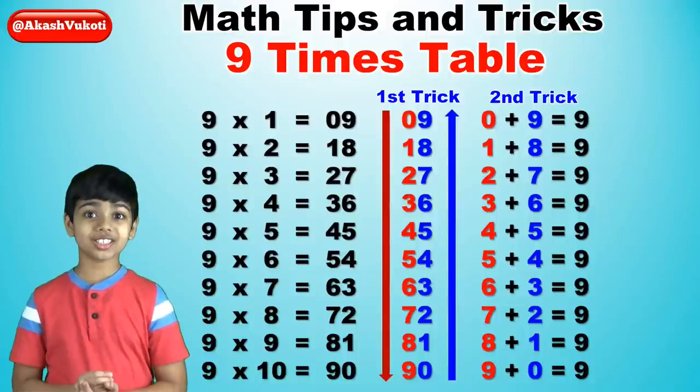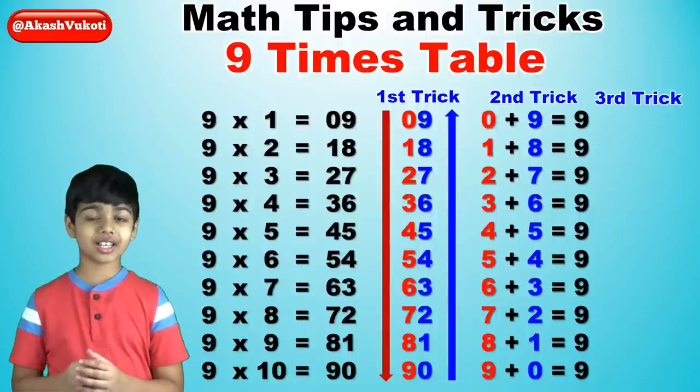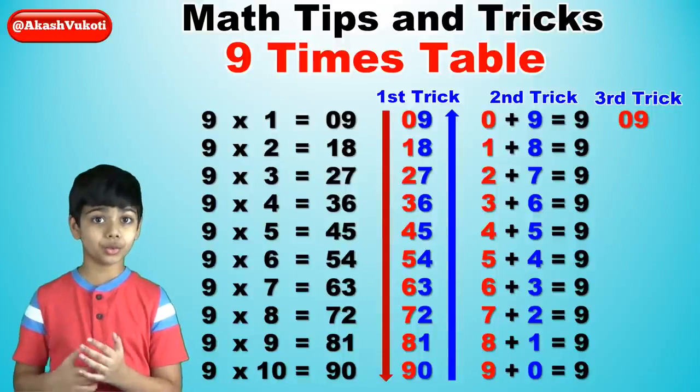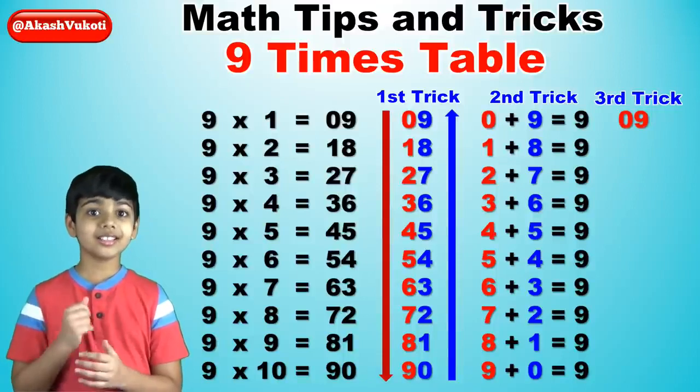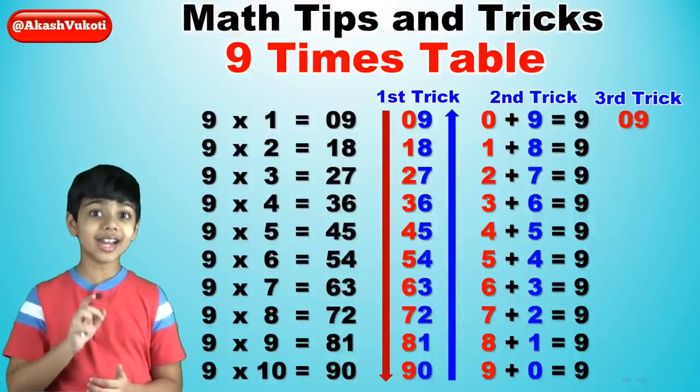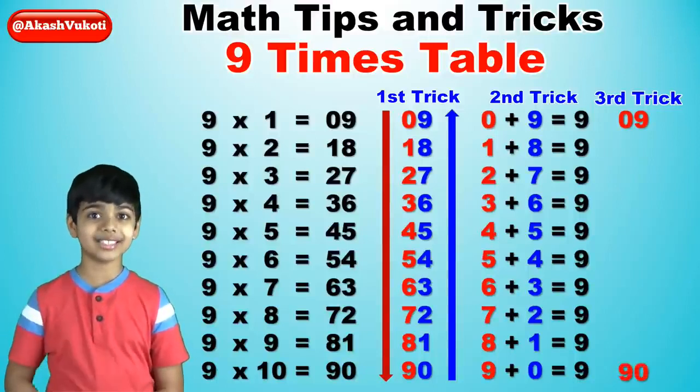The third trick is that you'll notice that 9 times 1 is 09, or 9, and 9 times 10 is the reverse, 90, or 90.